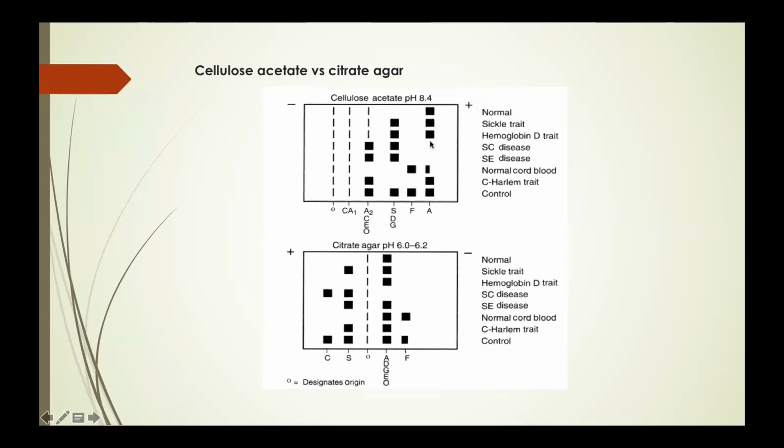For cellulose acetate, as you can see, this patient has sickle cell trait. Sickle cell trait is when you are heterozygous, with one parent with sickle cell and the second parent normal. It means you will have a percentage of normal hemoglobin and another percentage of sickle cell hemoglobin, about 60 normal and 40 abnormal.